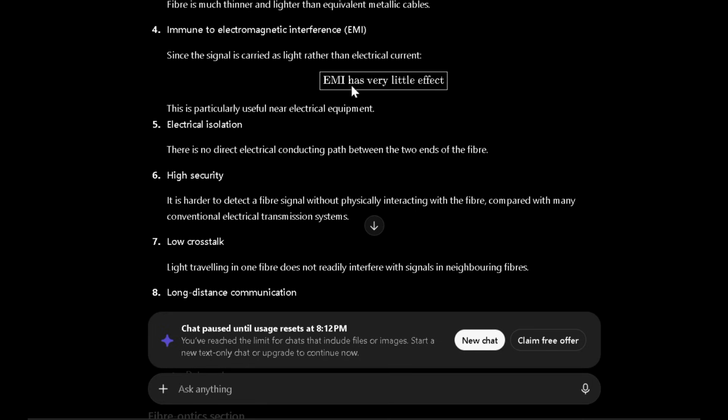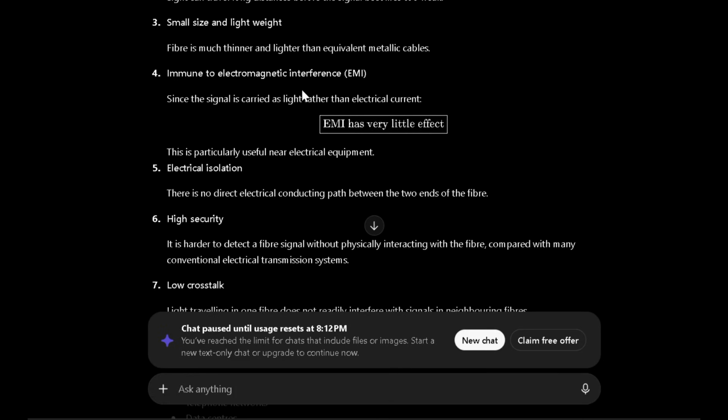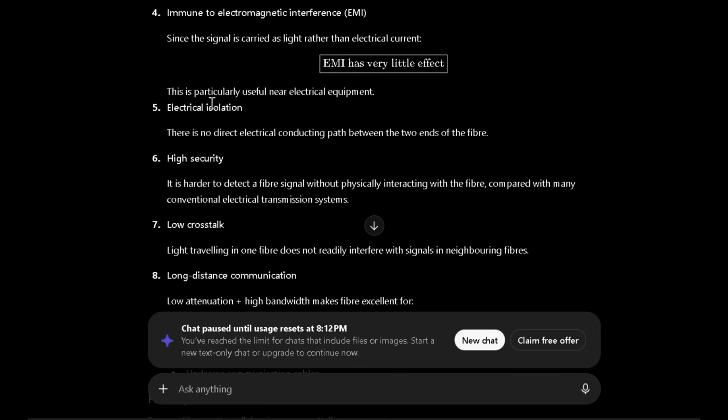If wires are very close, interference happens, and that interference disrupts the information. That is called electromagnetic interference. There is very little effect in optical fibers because the information is not going as electricity, it is going as light, so there is no electromagnetic interference in optical fibers.